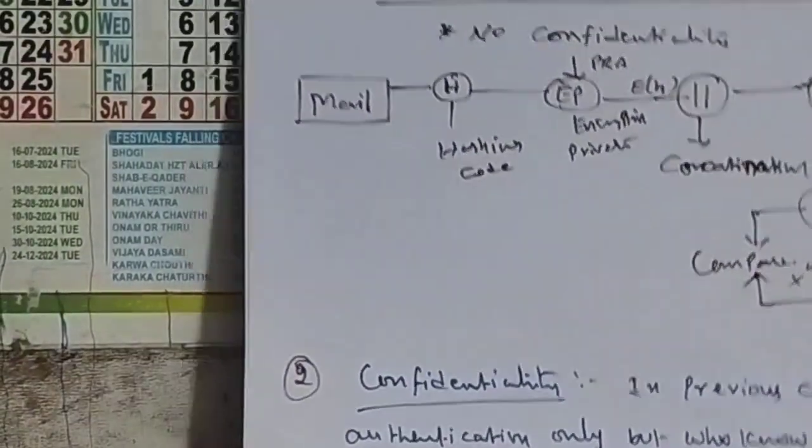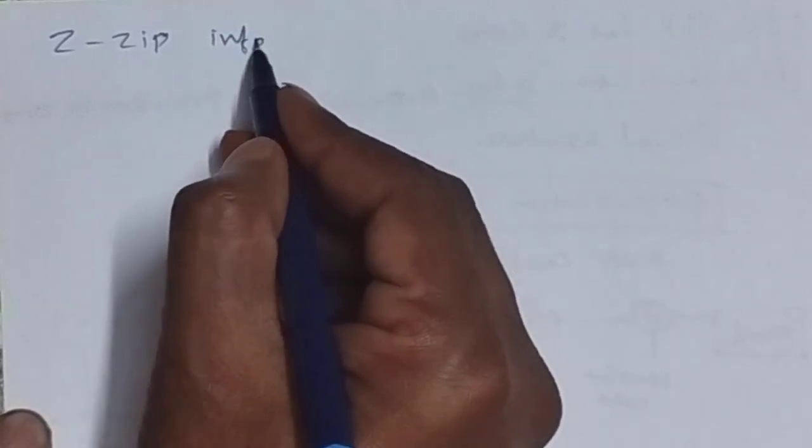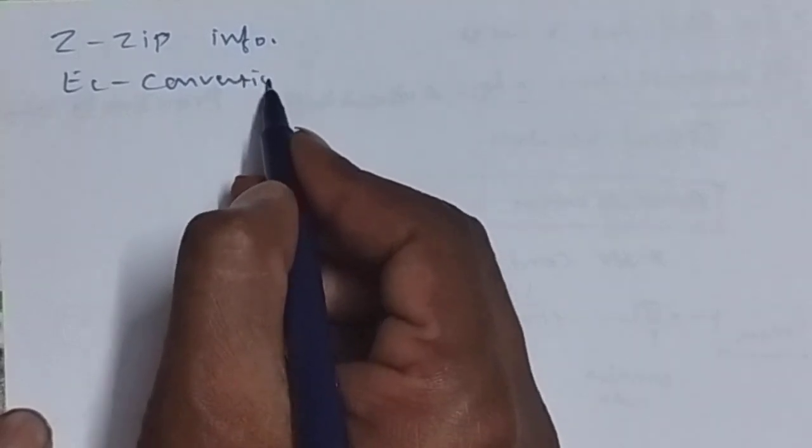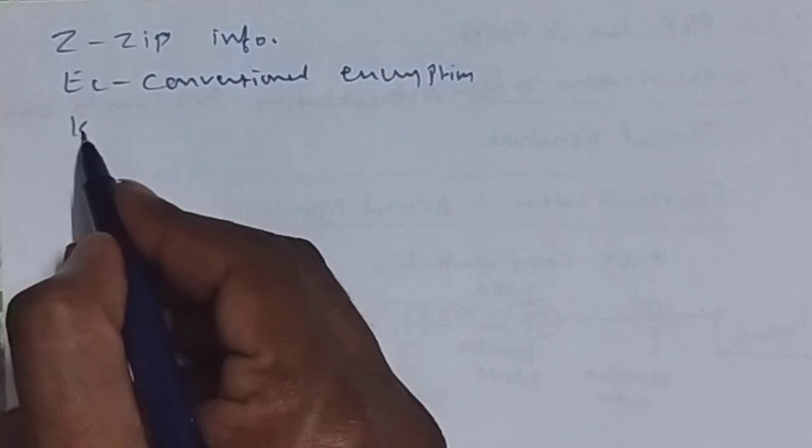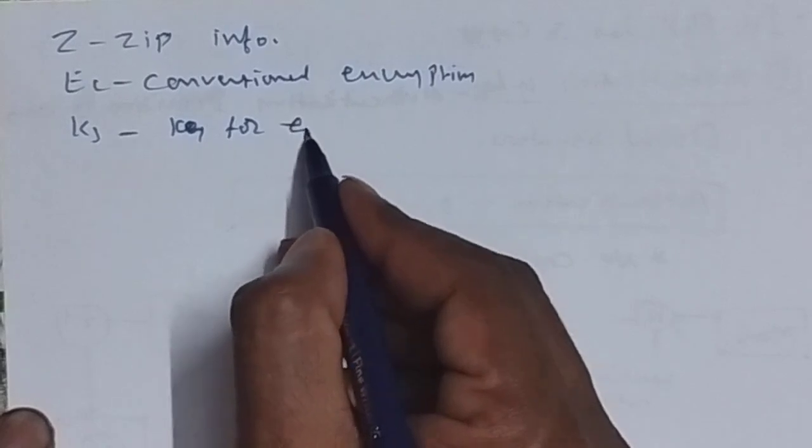Here Z means zip information. EC is nothing but conventional encryption, and KS is the key for encryption.